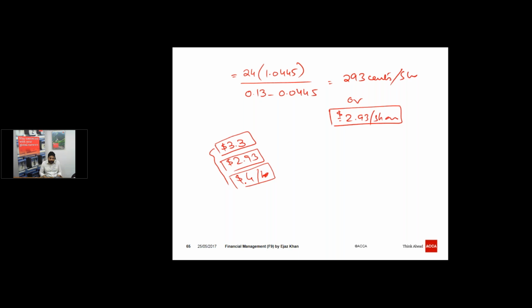Let us analyze the share price predicted by the dividend growth model. Let's first see this one and compare it with this one. The actual market price is $3.3, which is higher than the price predicted by the dividend growth model.